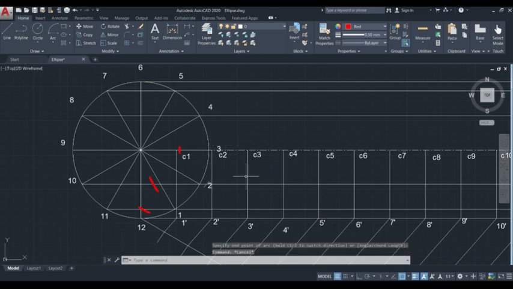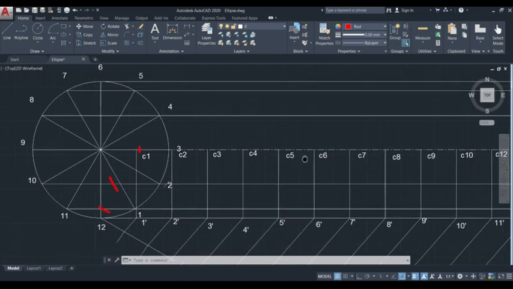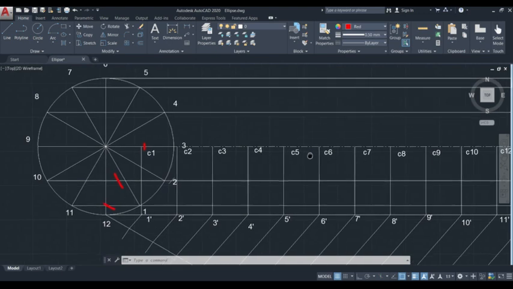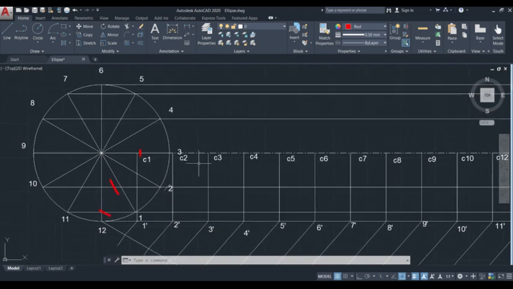Similarly, we have to draw arcs with centers C4, C5 up to C12 with the radius of 25 mm.